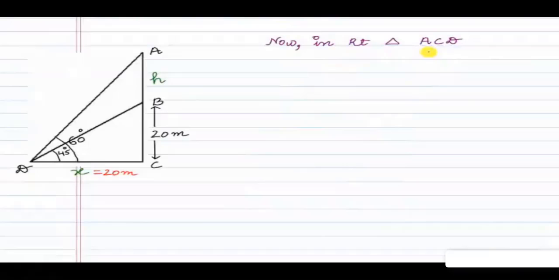Now in right triangle ACD, tan of 60° will be equal to opposite side AC over adjacent side CD. So tan 60° is equal to AC over CD.